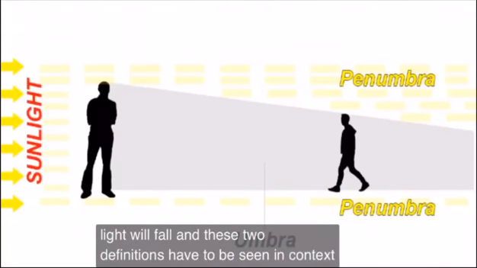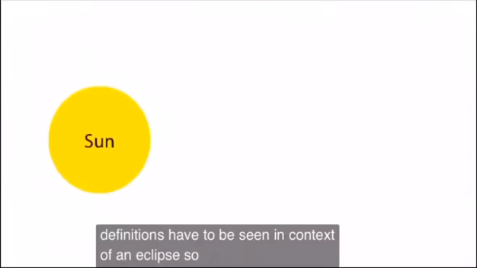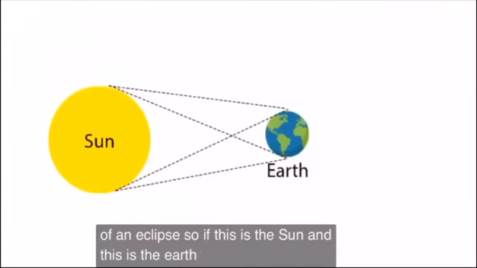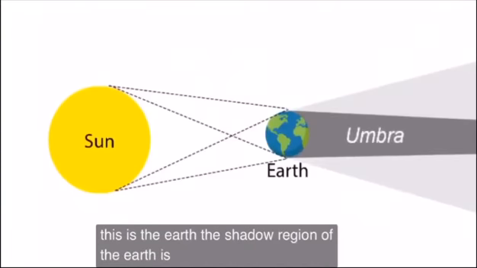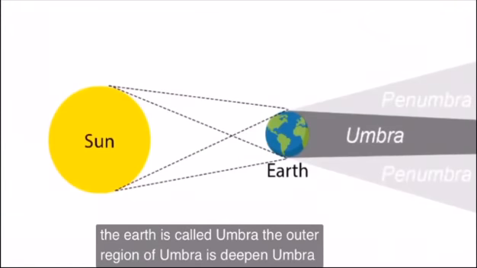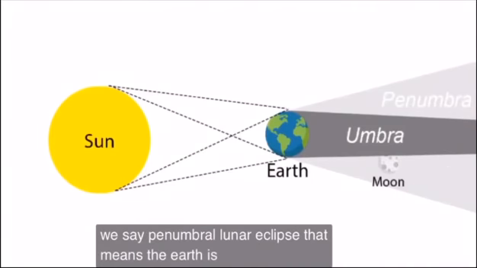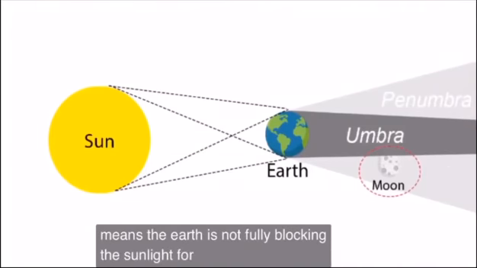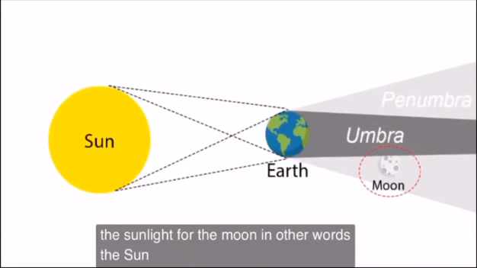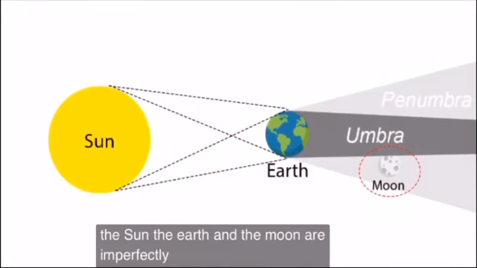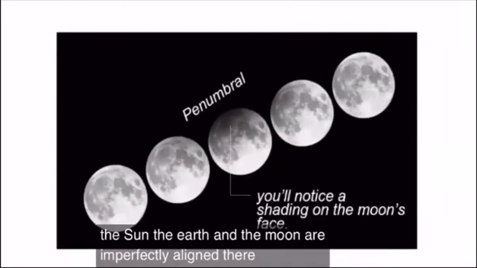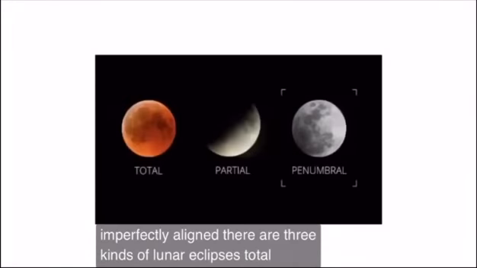And these two definitions have to be seen in context of an eclipse. So if this is the sun and this is the earth, the shadow region of the earth is called umbra and the outer region of umbra is penumbra. Now when we say penumbral lunar eclipse, that means the earth is now partially blocking the sunlight for the moon. In other words, the sun, the earth and the moon are imperfectly aligned.